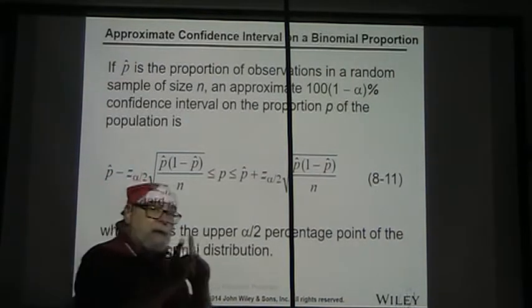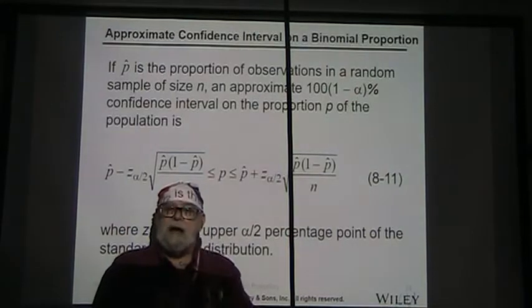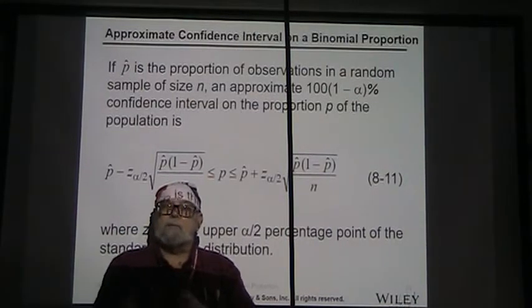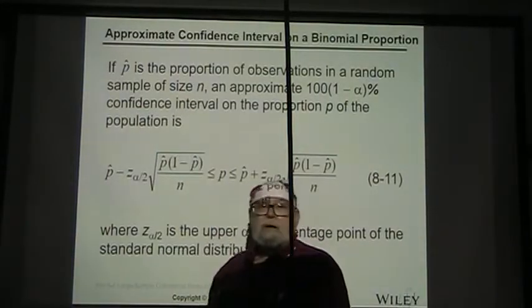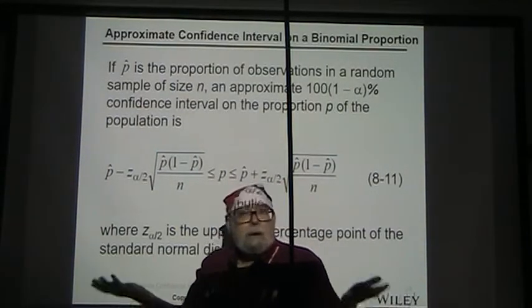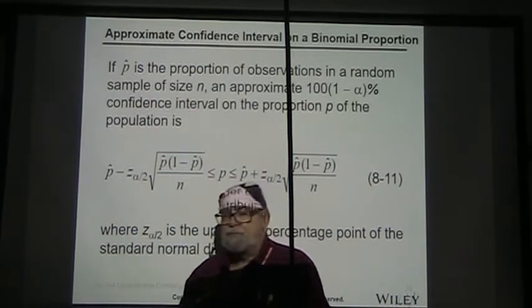All right, so that implies that we can put together a confidence interval on a binomial proportion. Now, they say approximate confidence interval, but a confidence interval is always approximate.